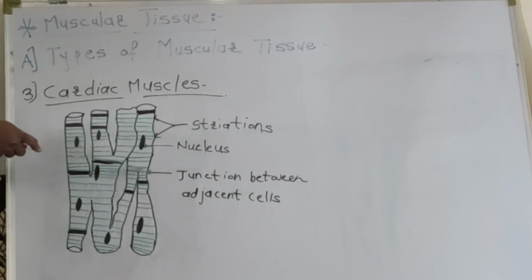These junctions function in the contraction of the muscles. That's why the cardiac muscle gets contracted because of these junctions. So it shows involuntary contractions.